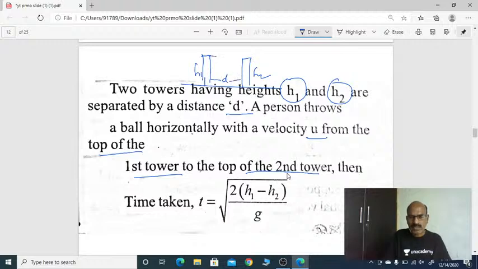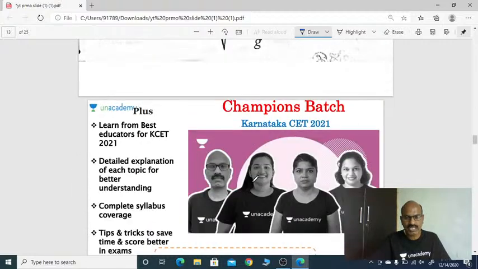So what is the time taken? Root 2 into h1 minus h2 by g. Keep in mind, the time taken by the body to reach.